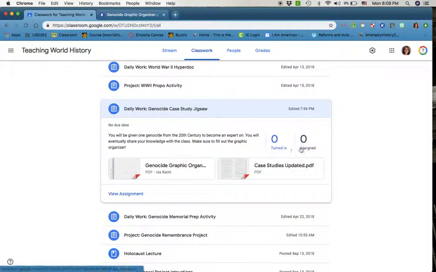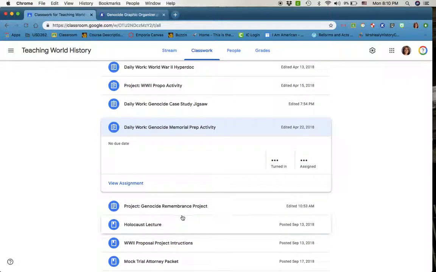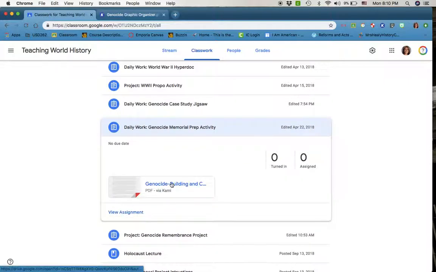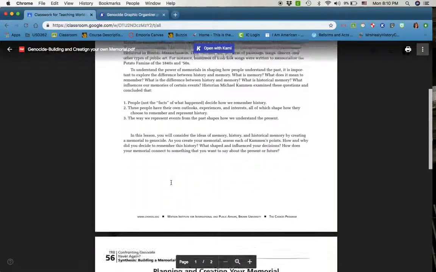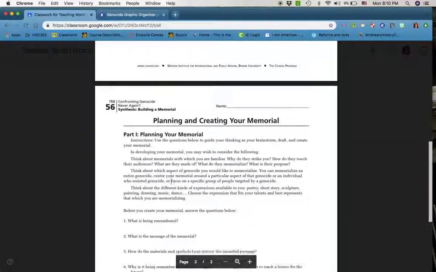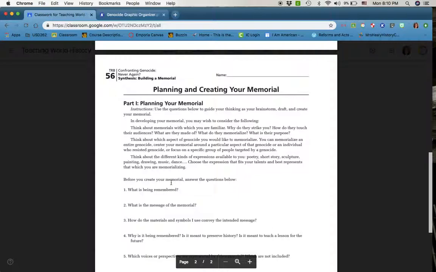So I will also have posted this prep activity here. And you can see it's just this document here, and you as a group are going to be reading through this together. You can read it on your own, and then you guys will need to start talking about planning your memorial because part of this upcoming project is going to be creating a memorial.